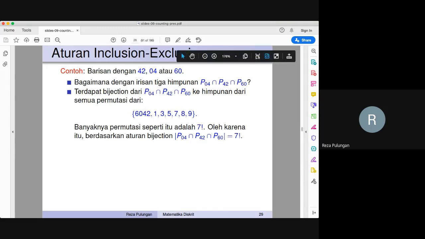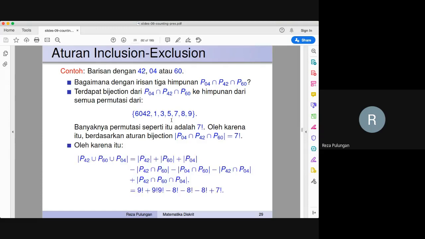When you fuse them together, you know that this is an intersection, because they are there together at the same time. So they are one symbol. The other symbols are 1, 3, 5, 7, 8, and 9. So there are only 7 symbols there. Therefore, the number of permutations is equal to 7 factorial.